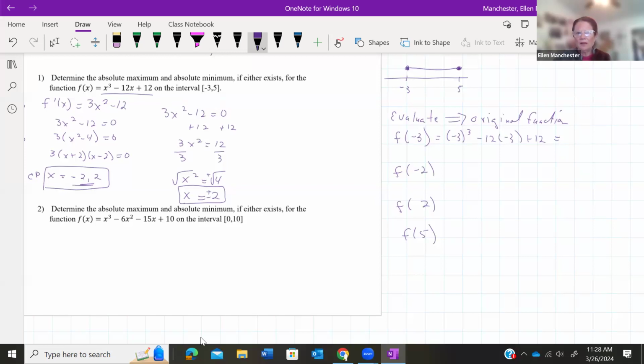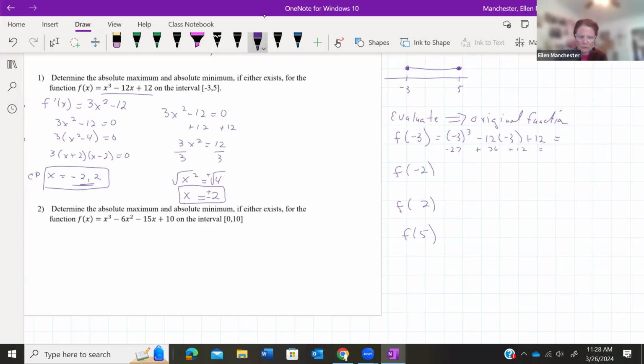Oops, I have too many parentheses, sorry, hang on. So -3 cubed is -27. -12 times -3 is +36. I'm sorry, +36. I don't know where the 24 came in. +36 and then plus 12.